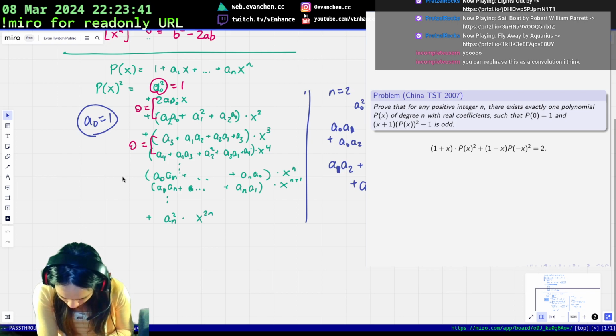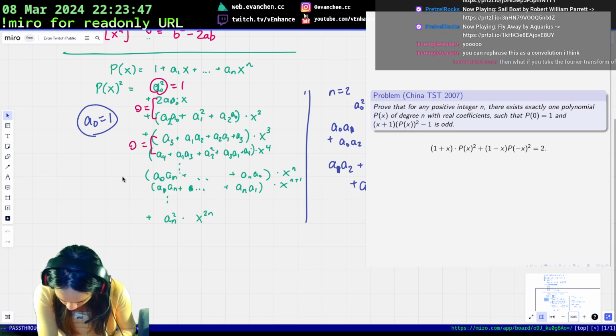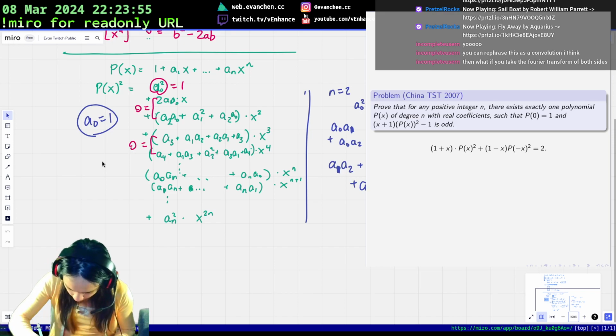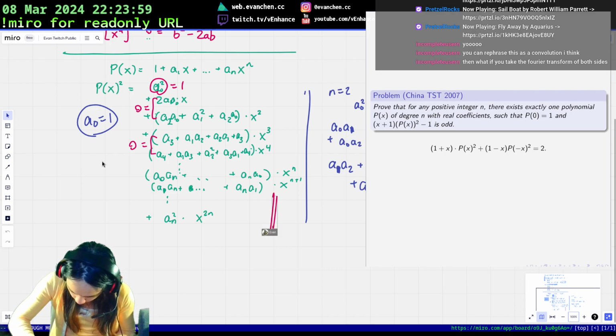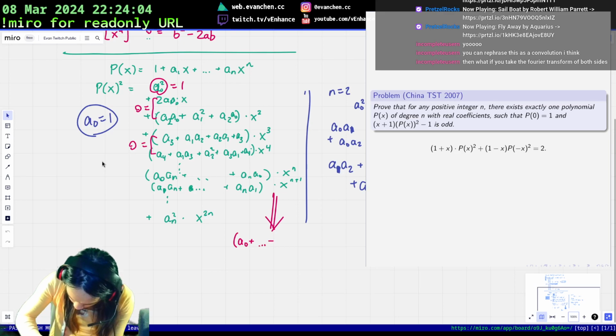Okay, so I can't just actually plug it in. If I sum all the equations, it actually just says that a0 plus an squared equals 0, right?